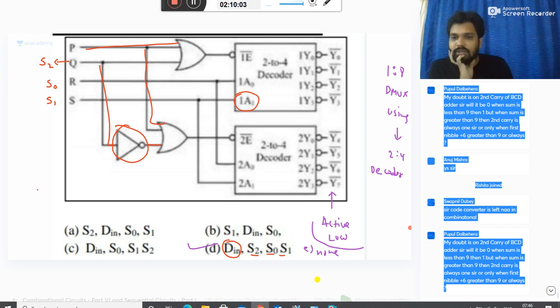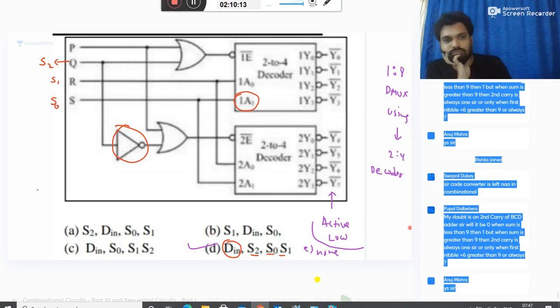One minute, please. One by one. Anuj, is your doubt cleared? Okay, you are done. Now, Pupul, what is your doubt? Will the second carry of the BCD adder be 0 when the sum is less than 9, but 1 when the sum is greater than 9?